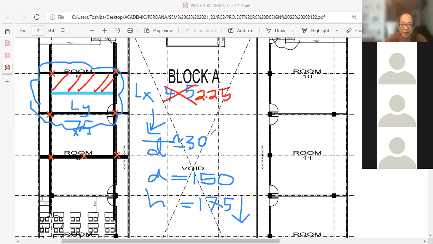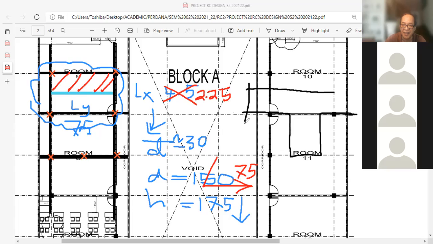If it's 2250 divided by 30, what would be my D? My new D. Previously 150. Now 2250 divided by 30. 75. Meaning my slab thickness here, I can use 125, that's enough. This is my beam.